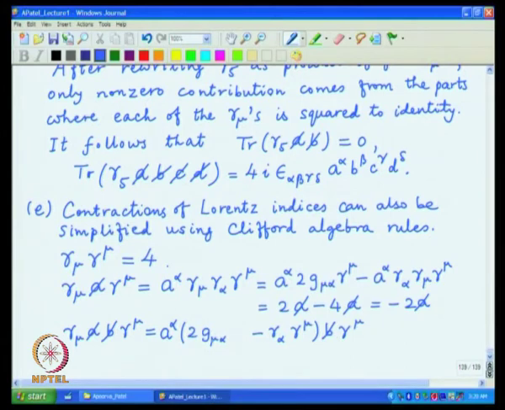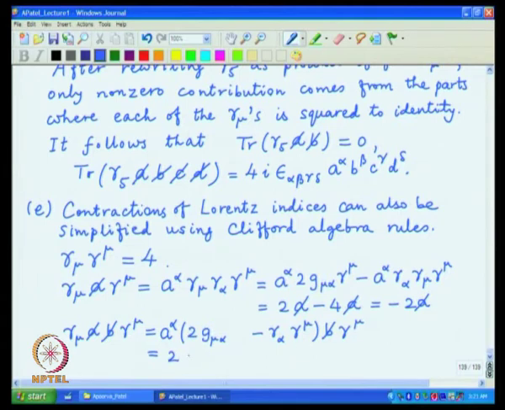So, now one can reduce this object in a rather straightforward fashion. This alpha will become the same index as mu because of this metric, and then it is multiplied on the other side.